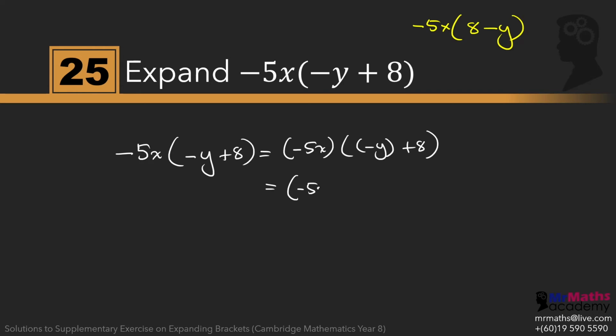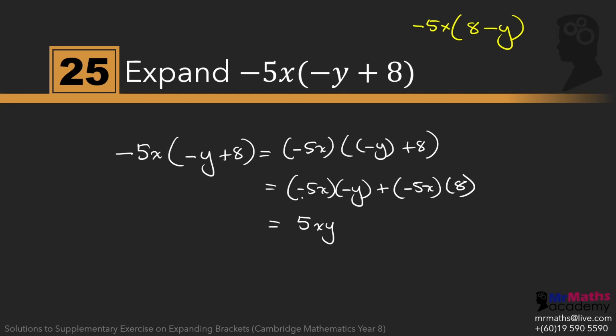We have minus 5x times minus y plus minus 5x times 8. Two minus terms multiplied together becomes positive. But this time we have x and y, so we do not end up with x squared or y squared. It just becomes 5xy, because they are unlike terms. They cannot be multiplied directly, so we have to separate them out.